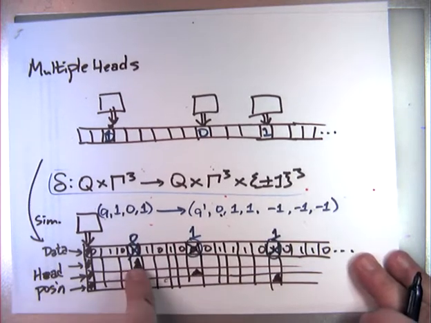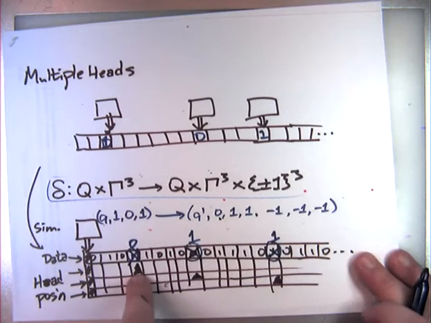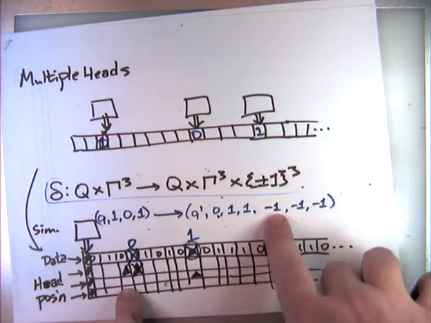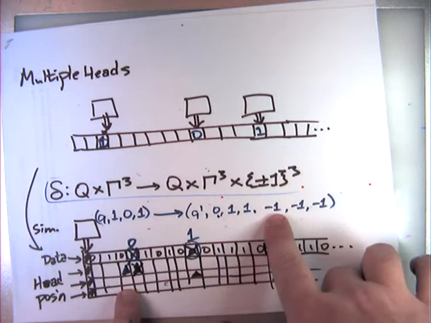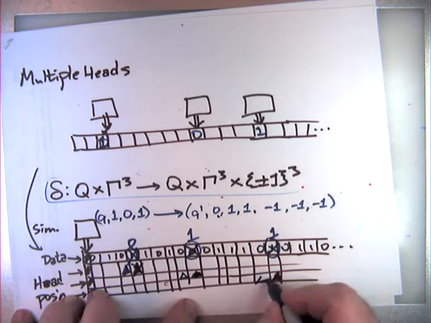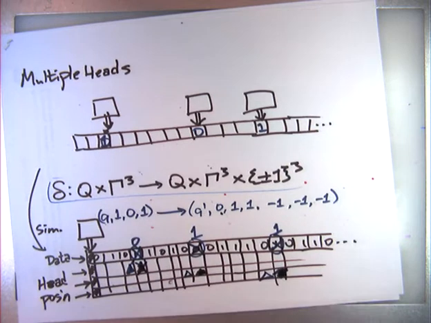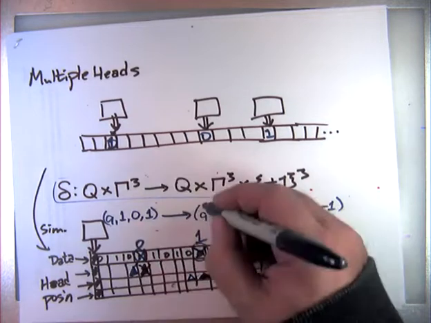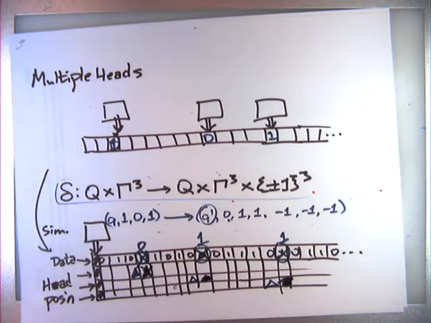Scan for the mark on the position of head 1, and now move that symbol over based on the direction that's in the transition table. Same for head 2, same for head 3. And then return to the left side, remembering now that the simulated machine is in state Q prime.